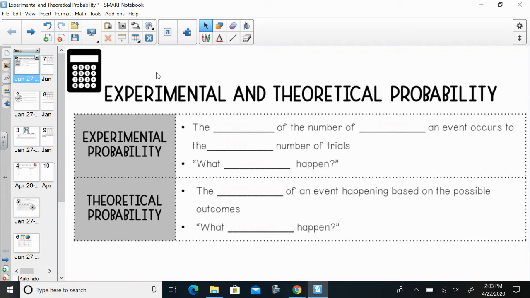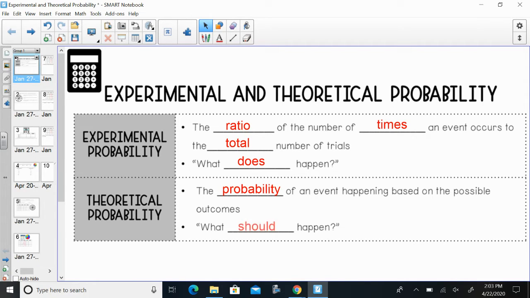All right, experimental probability is the ratio of the number of times an event occurs to the total number of trials. Experimental probability is what does happen in your experiment. Theoretical probability is the probability of an event happening based on the possible outcomes.